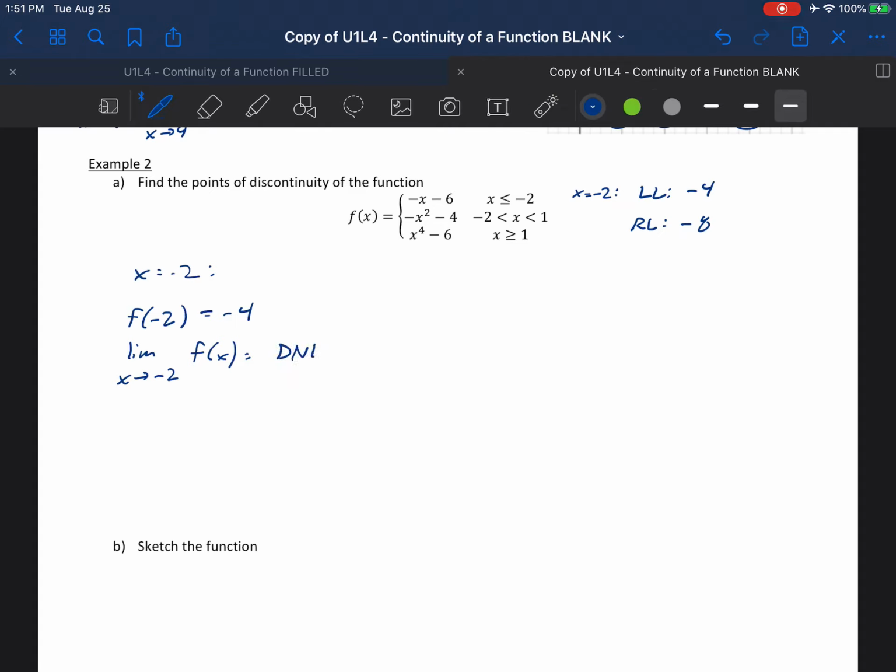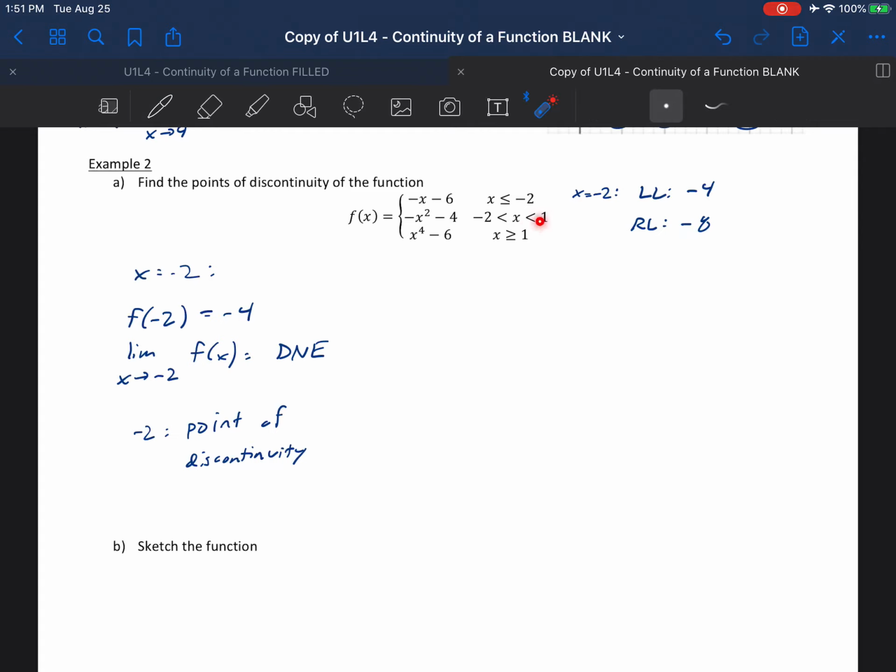So this limit doesn't exist. Okay, so -2 is a point of discontinuity, right? Because the limit doesn't exist there.